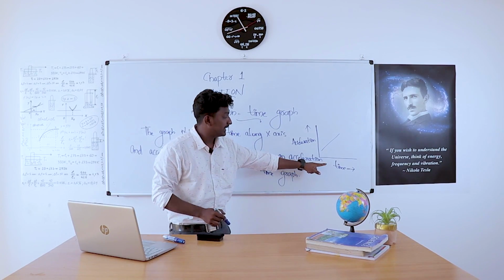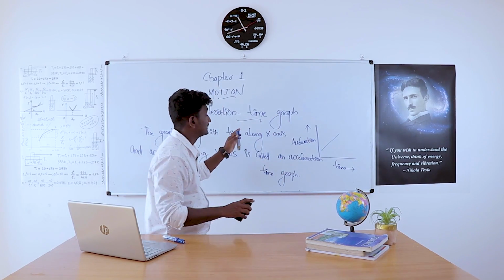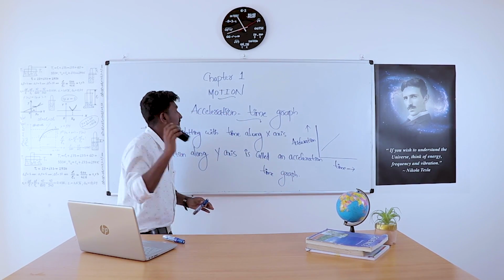Like this, time along the x-axis and acceleration along the y-axis, then it is called the acceleration time graph.